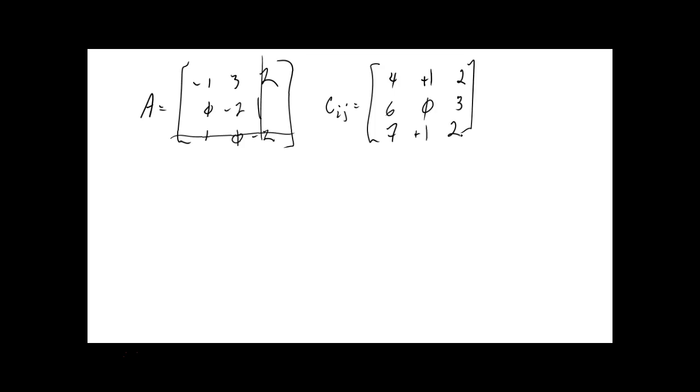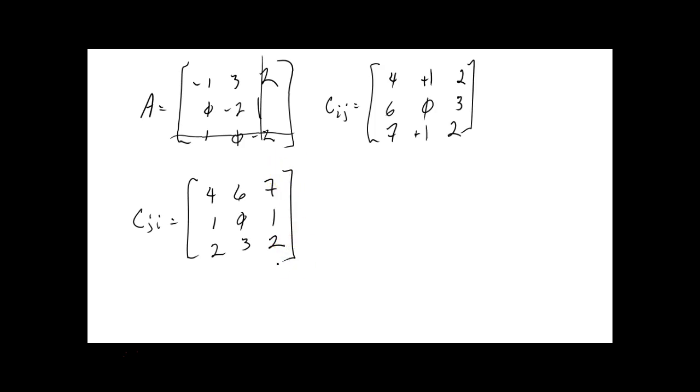Okay? But we really don't want to use that. What do we want to do? The transpose of it. So let's do the transpose of that, which I'm real tempted to call CJI. What would that be? 4, 6, 7, 1, 0, 1, 2, 3, 2.